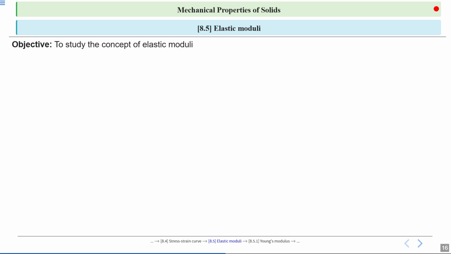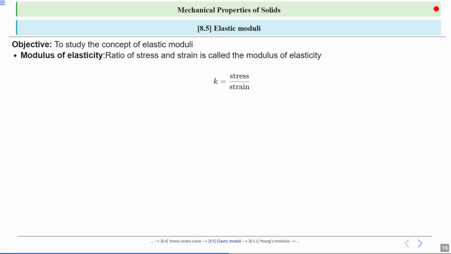So we are continuing the concept of elastic moduli. Let's start by defining modulus of elasticity. This is the ratio of stress to strain. Stress is the force applied per unit area measured in newtons per square meter, and strain is the relative change in shape or size, which has no units.